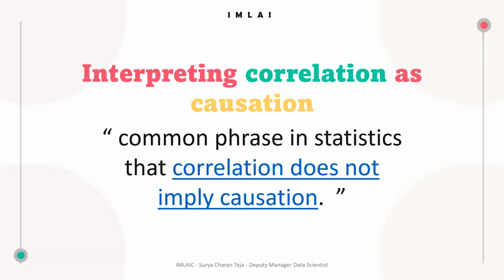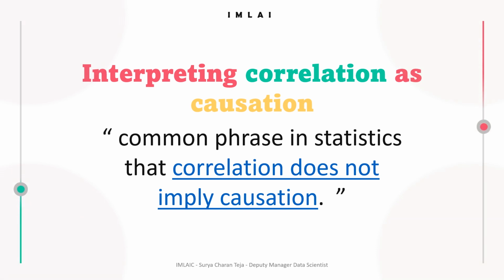Now, the most important aspect I want to discuss before we move on to another topic is interpreting correlation as causation. This is not so much an issue with creating a scatter plot as it is an issue with its interpretation.